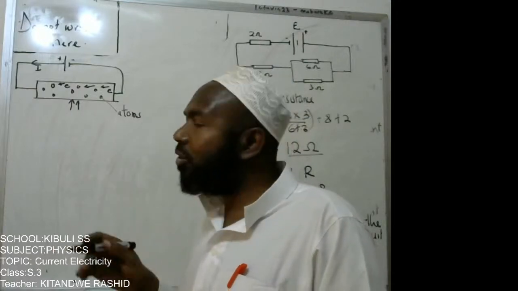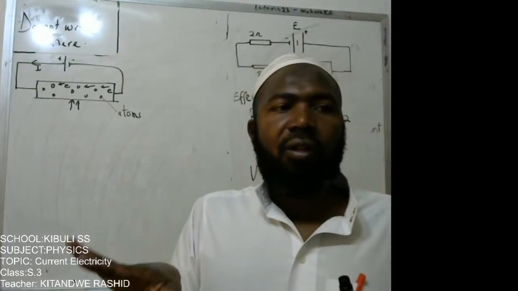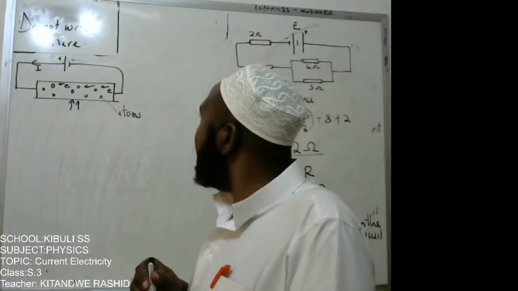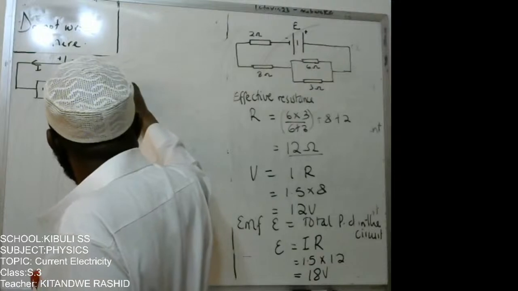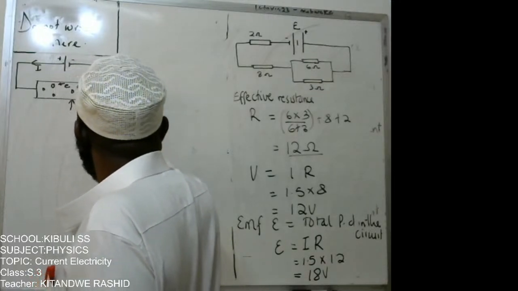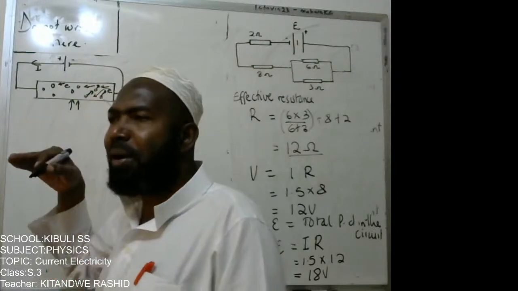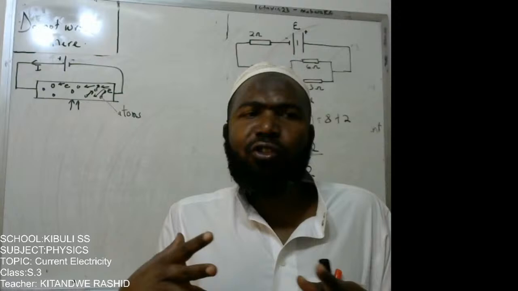Once these atoms vibrate, the vibration of these atoms reduces the mean free path for the electrons, where the electrons have to pass in order for current to pass.